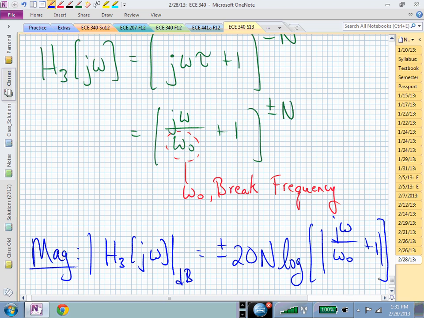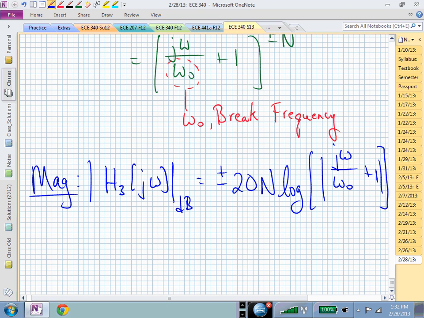I've already factored out in front of the logarithm this exponent, plus or minus capital N, where the dB is 20 log of the magnitude, and now I've pushed that exponent in the magnitude out front. And we want to look at the behavior of that particular expression.